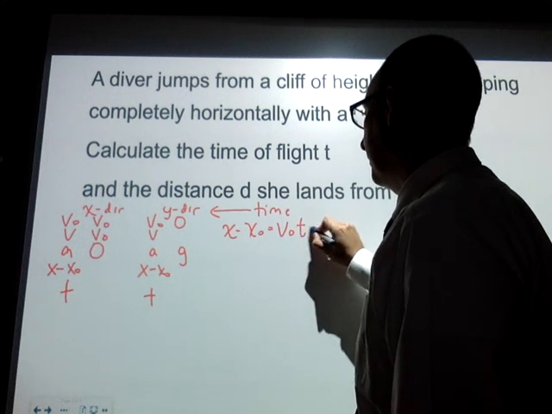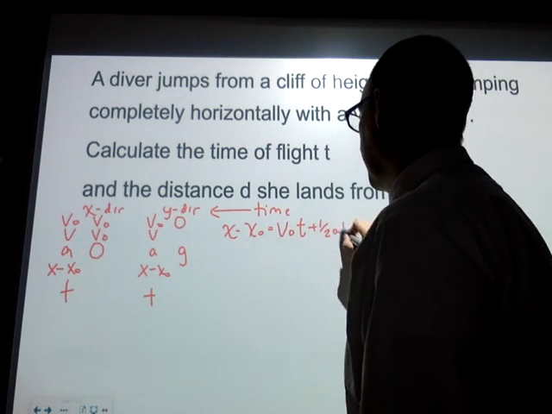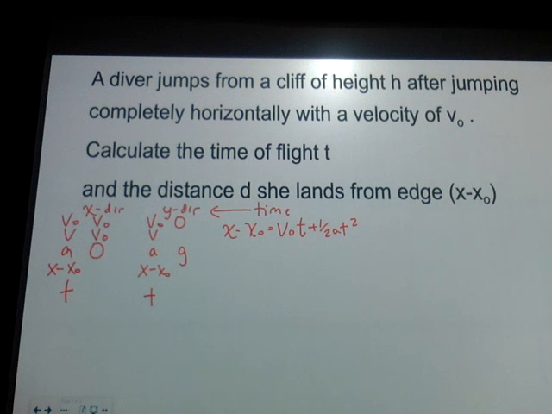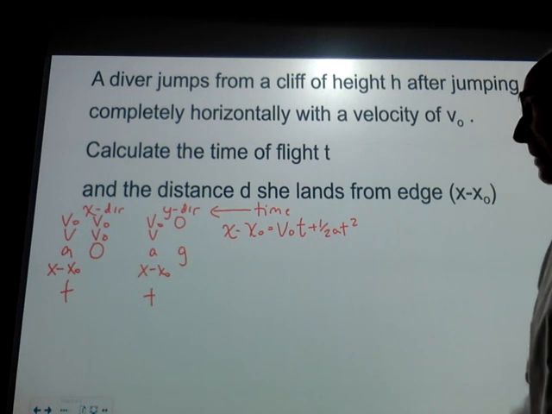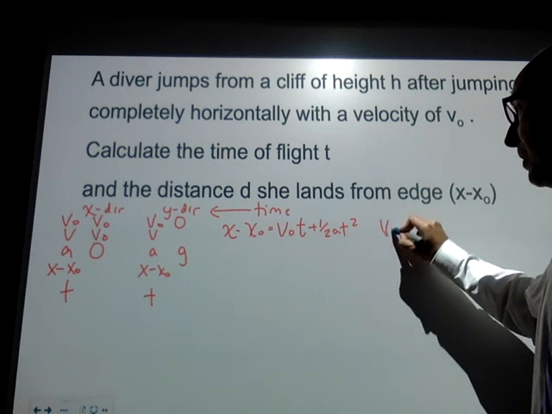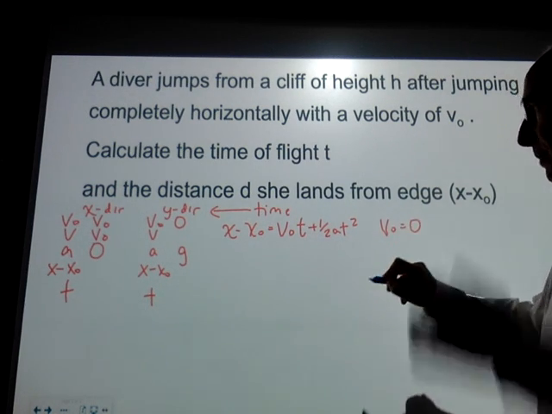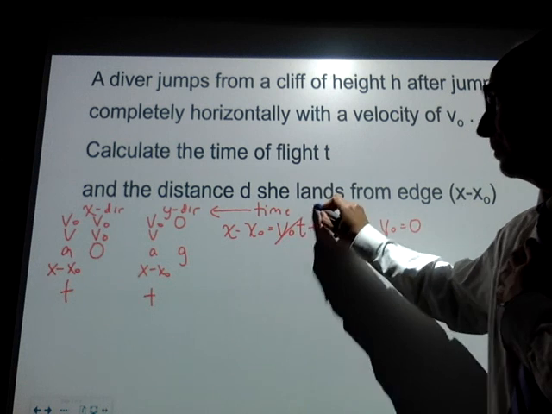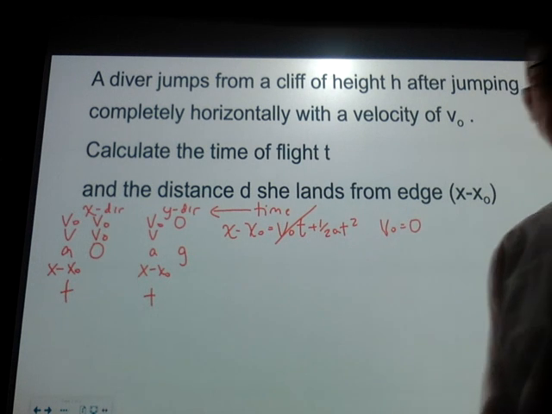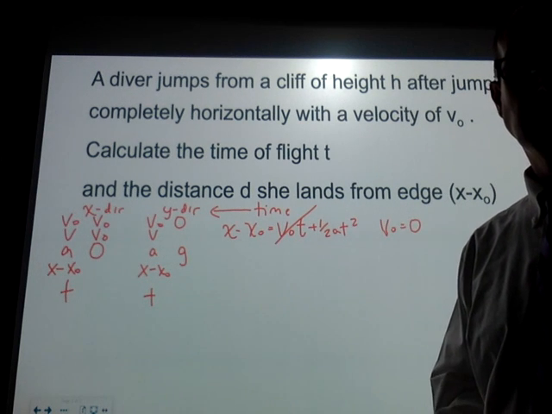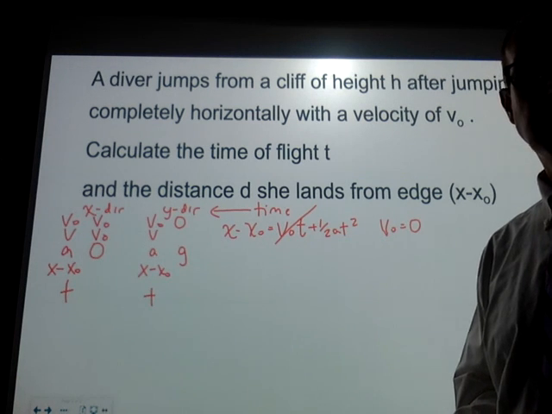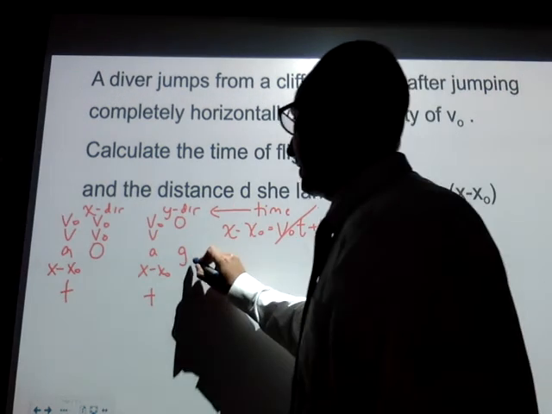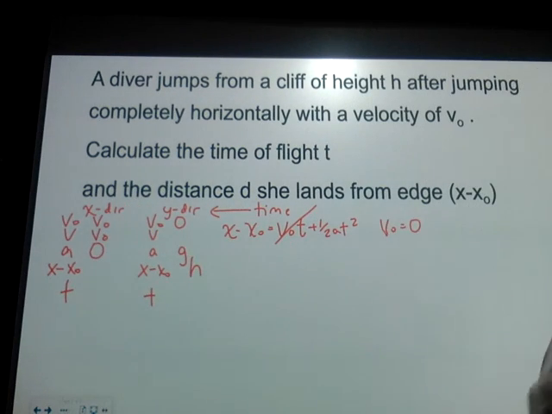I have x minus x naught equals v naught t plus 1/2 at squared. And I can cancel out v naught t because v naught is 0. Oh, the last thing I know is that x minus x naught is h, right?